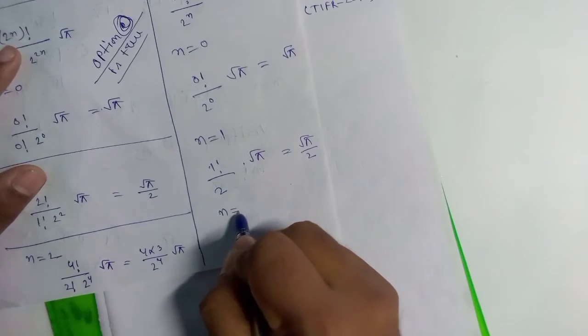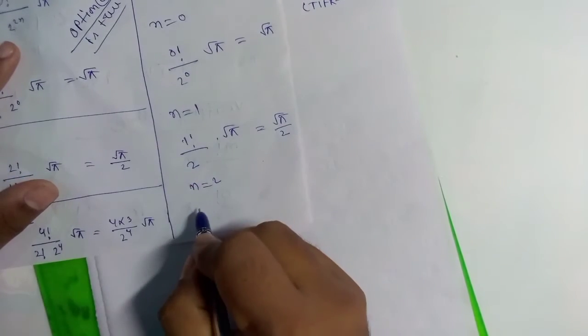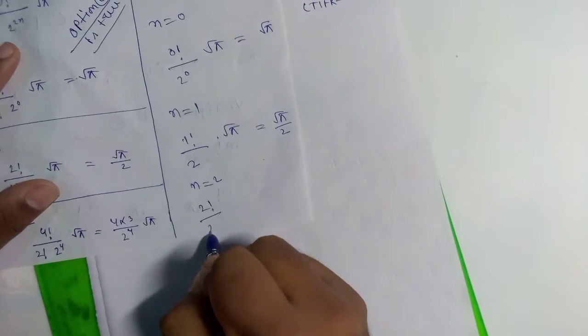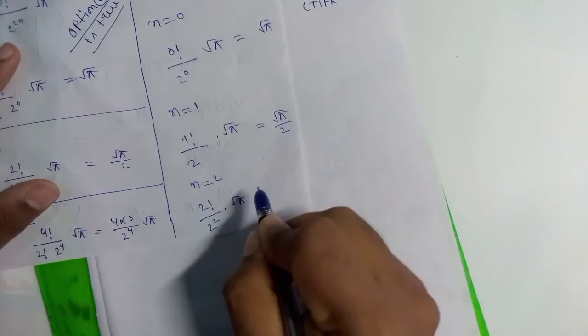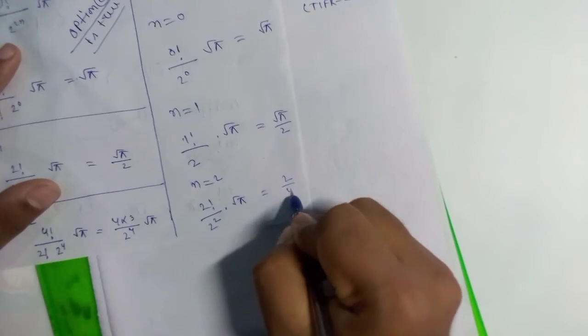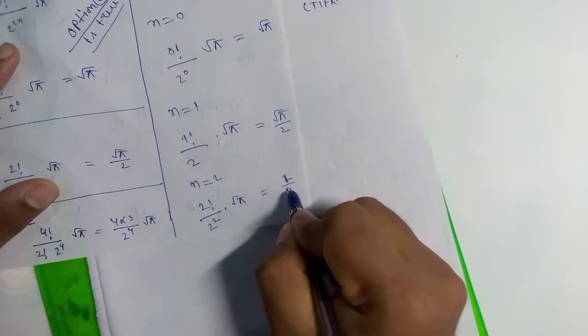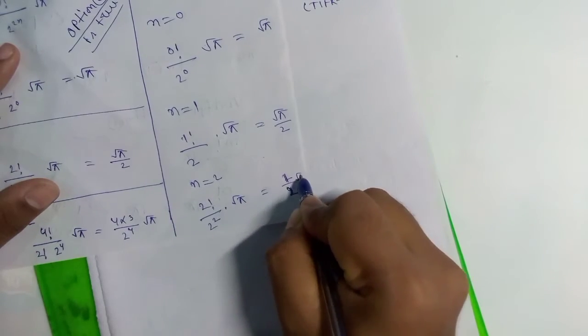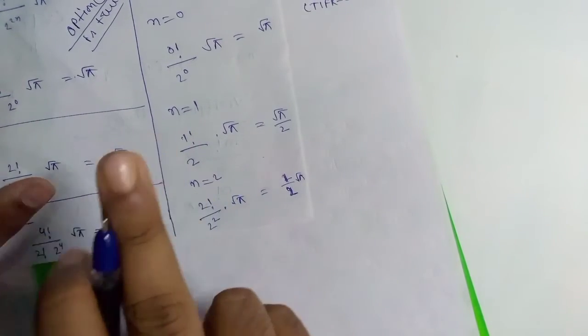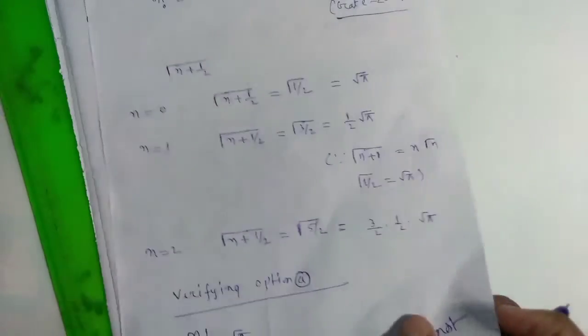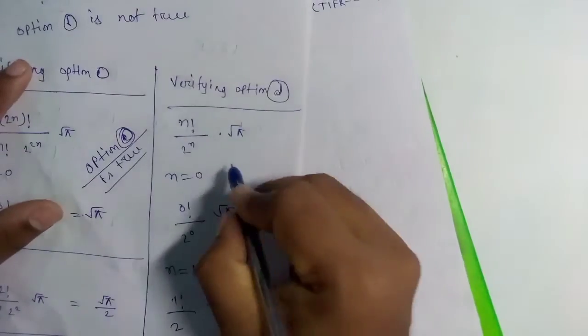And when n is equal to 2, it comes 2 factorial by 2 to the power 2 root pi, means 2 by 4, means 1 by 2 root pi. So when n is equal to 2, it does not satisfy. So option D is not correct.